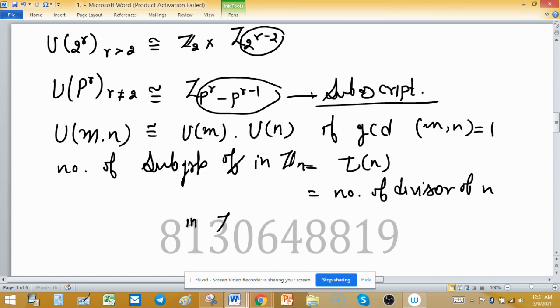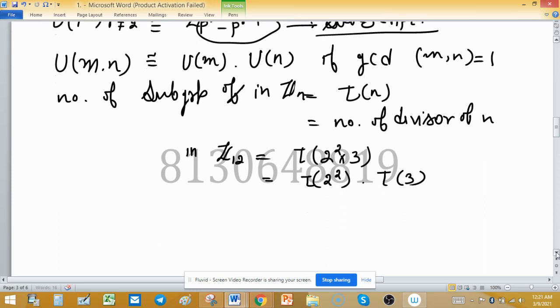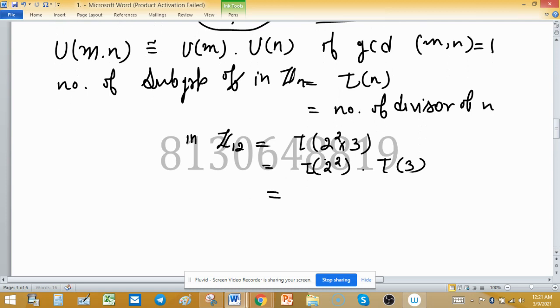Suppose in Z_12, 12 = 2^2 x 3, and tau(12) can be written as tau(2^2) times tau(3), which is 3 into 2.